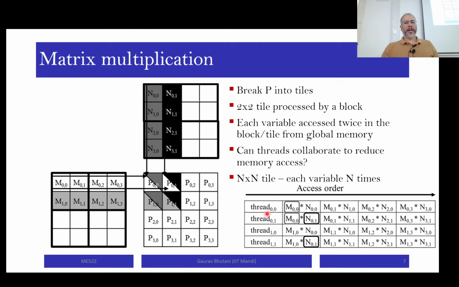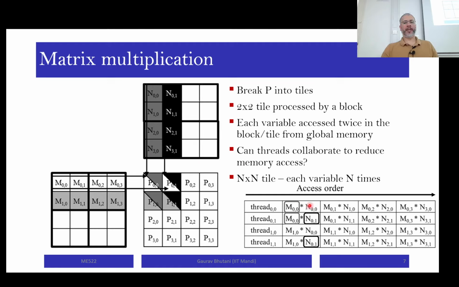Now let us look at this 2 by 2 tile. If I try to calculate P00, each thread calculates one element of the tile or the matrix. So, thread 00 requires to multiply M00 with N00, and then you multiply M01 with N10, M02 with N20 and M03 with N30.